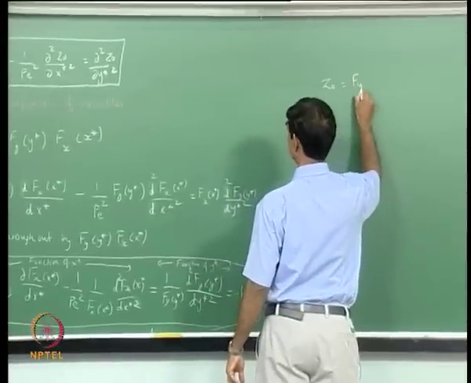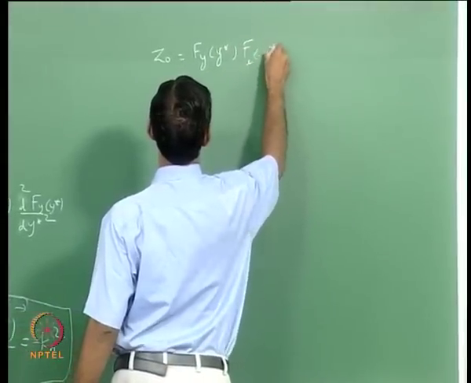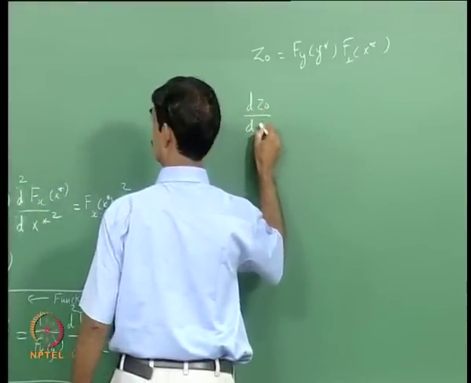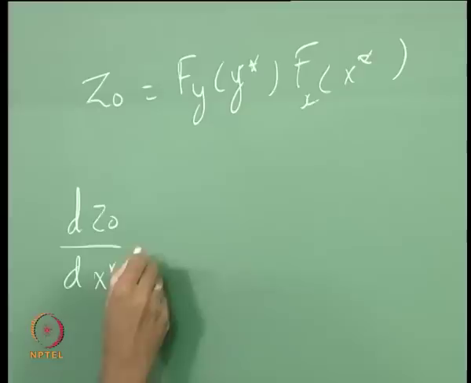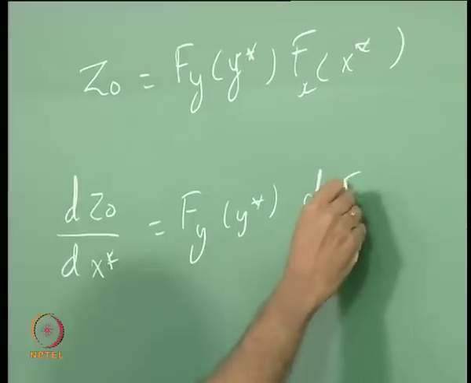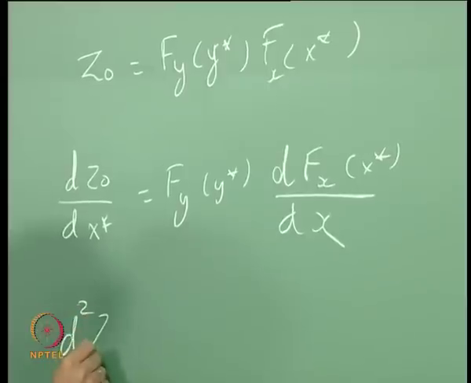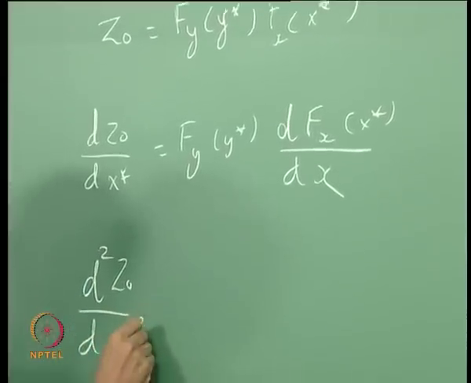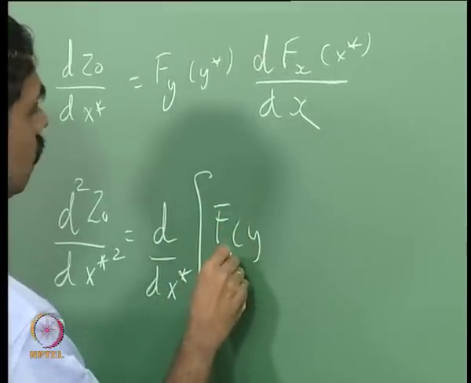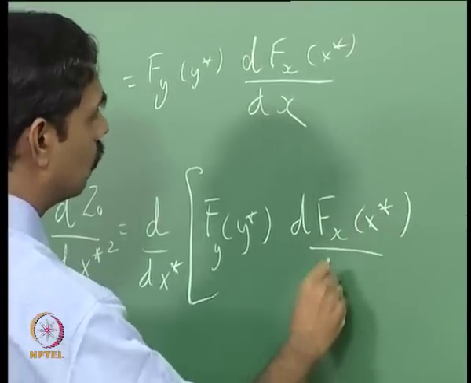Z naught equal to Fy of y star Fx of x star. Okay, so let us clarify this. So d z naught by d x star equal to Fy of y star d Fx by dx, d squared z naught by dx star squared equal to d by dx star of f of y star d Fx of x star over dx.